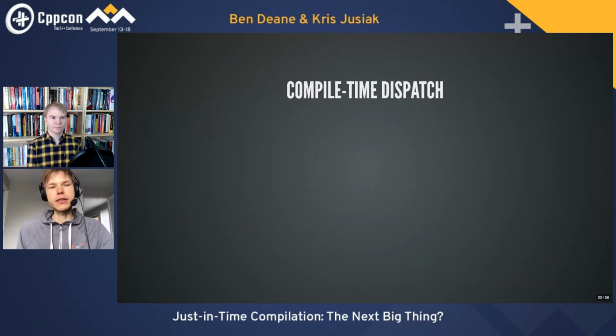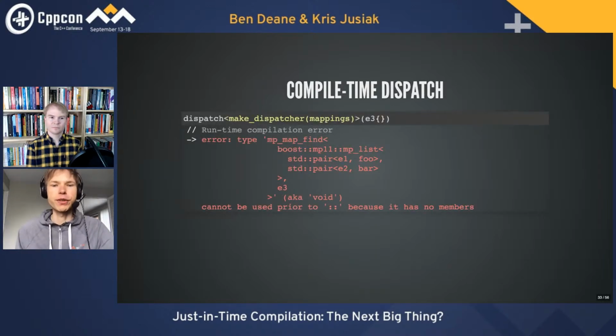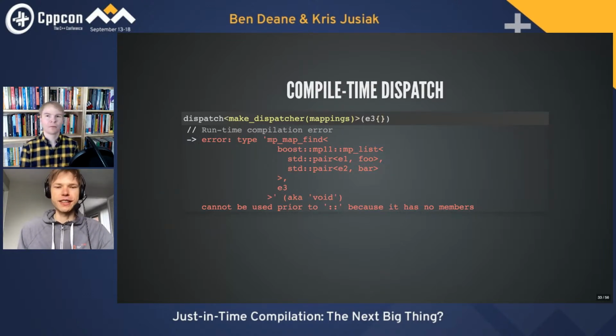So that's a way of getting compile time dispatch using the runtime information from the JIT when you're ready for it. What about if you call E3? Well, this map find won't be able to find it, and therefore will return a void, and we'll get this runtime compilation error, a just-in-time compilation error, because it has no member. So that's something you have to be careful about as well: you can get compilation errors at runtime, not ahead of time.